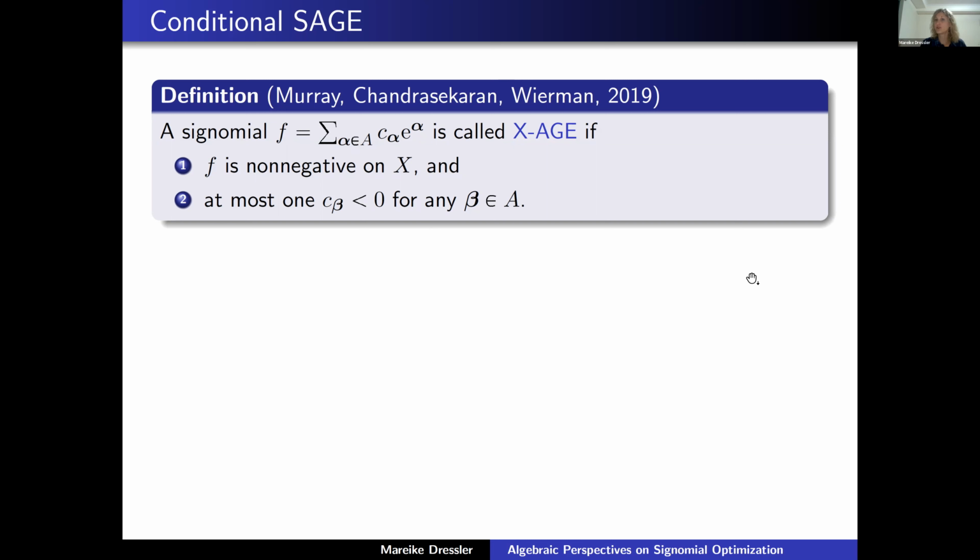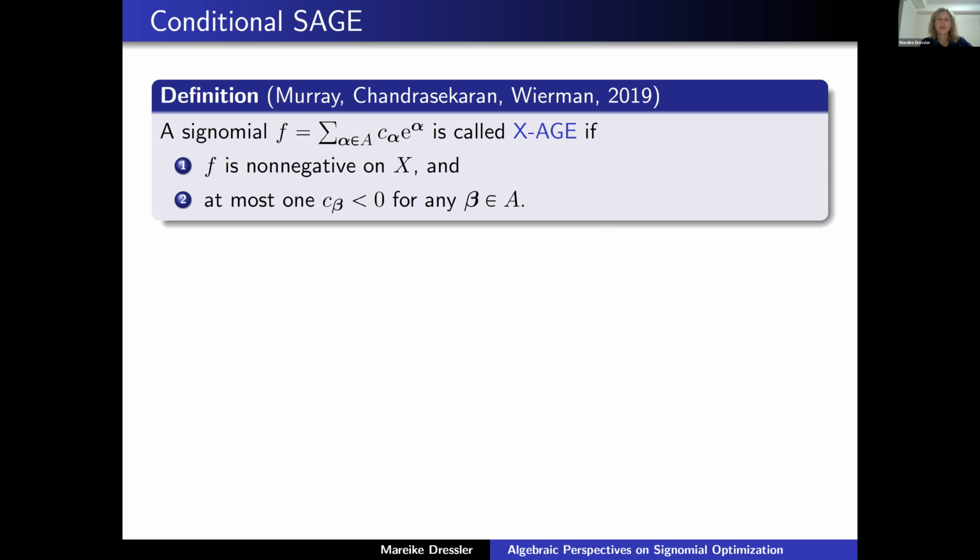Let's give it first again a name. We call a Signomial X-H if f is non-negative on a certain set X, and again, it has at most one negative coefficient.